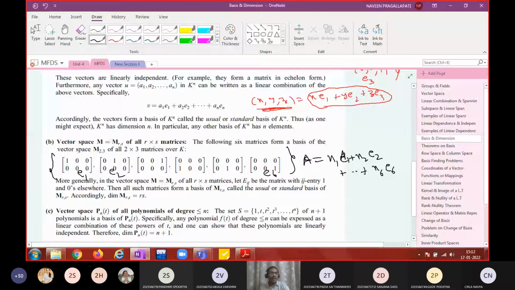Therefore, what is the dimension? 6. It's a 6-dimensional vector space of matrices of order 2 by 3.